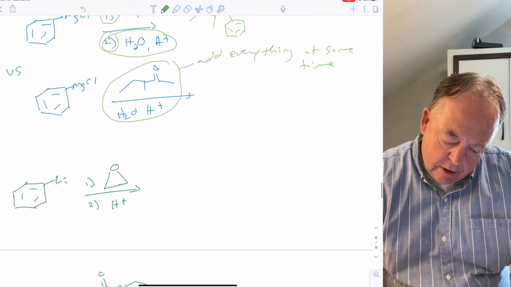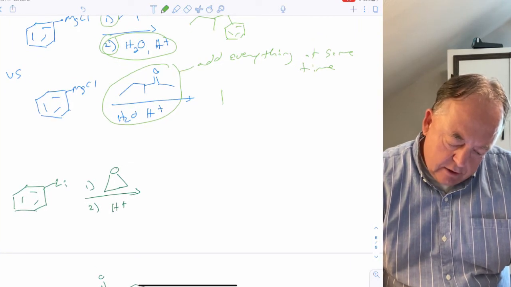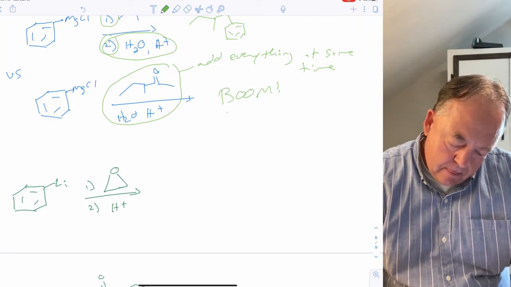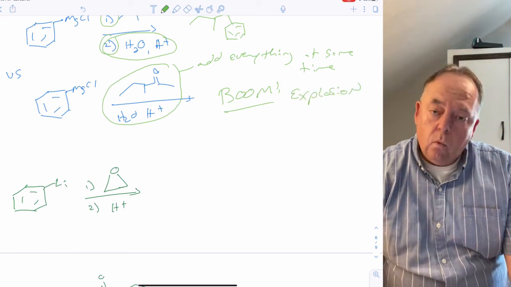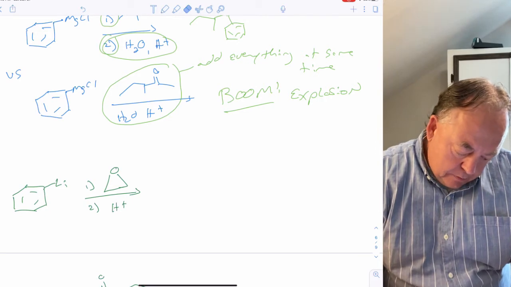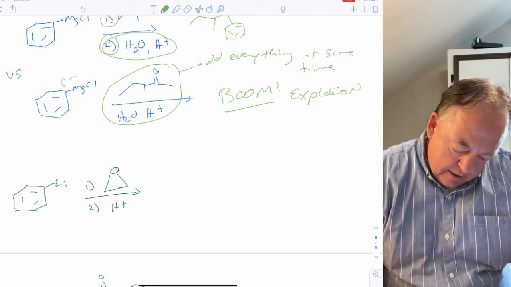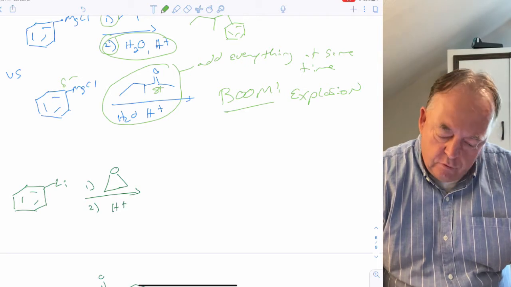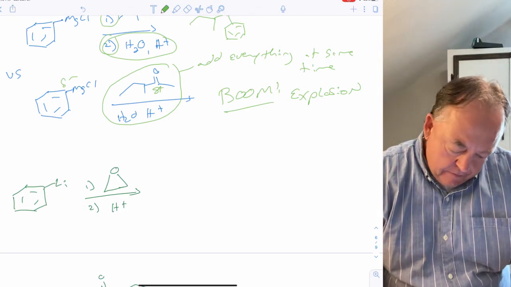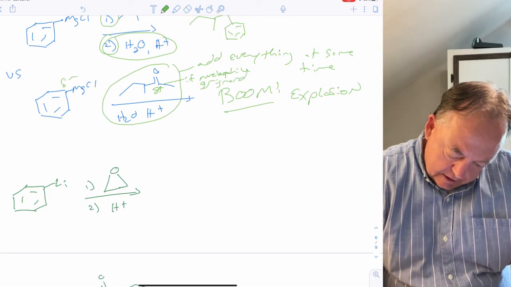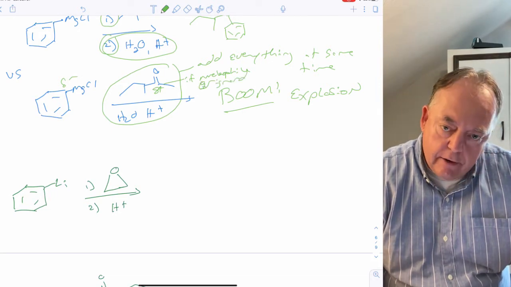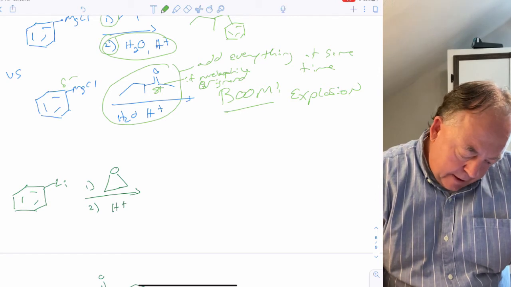If you did the second reaction, then what you get is an explosion. Why? Well, because this is partial negative, so that is partial positive. If the Grignard reacted as a nucleophile, it would react there, but it can act as a base as well.